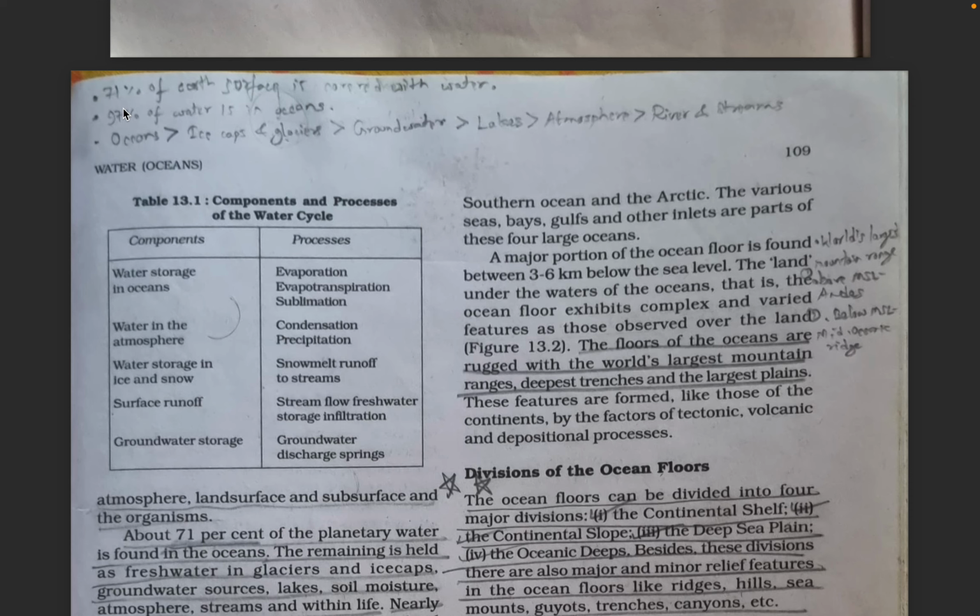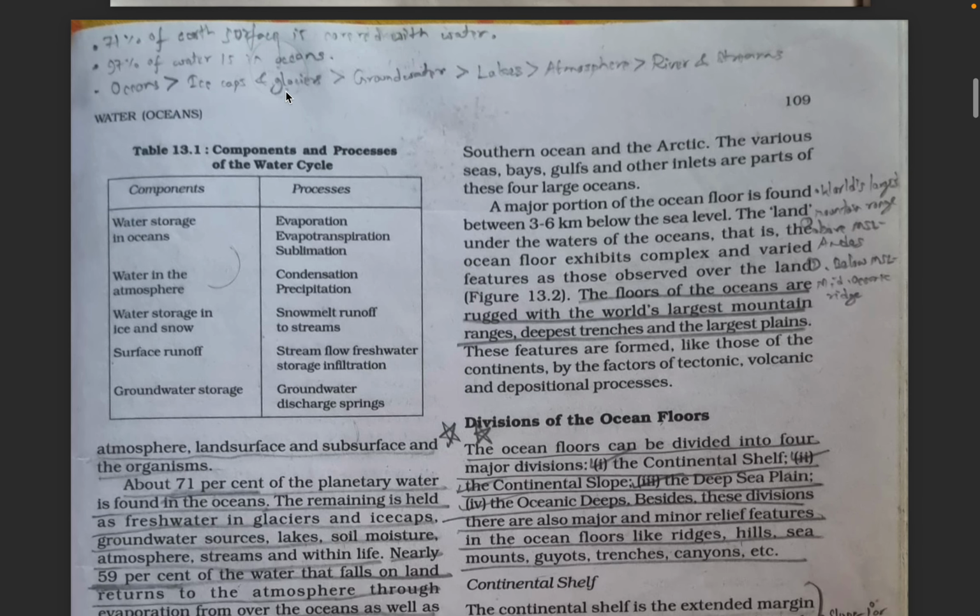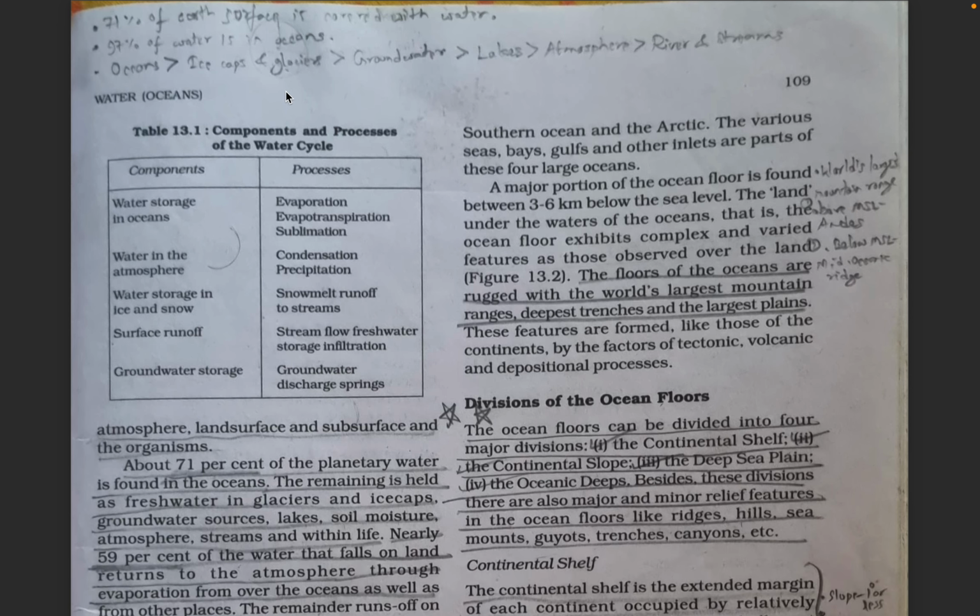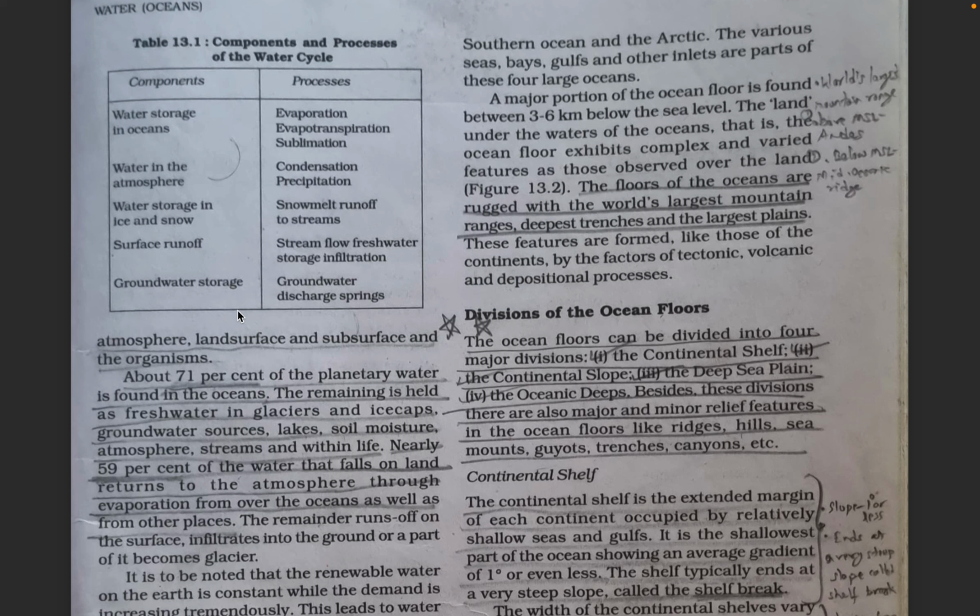Then lakes, then atmosphere, and then rivers and streams. So atmosphere has a higher water content than rivers and streams. From this order, UPSC has asked questions many times in the NDA, CDS, as well as the CAPF exams.